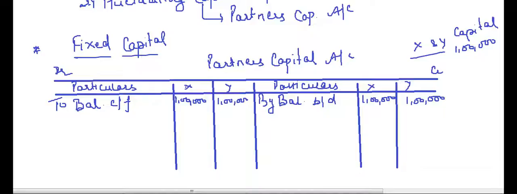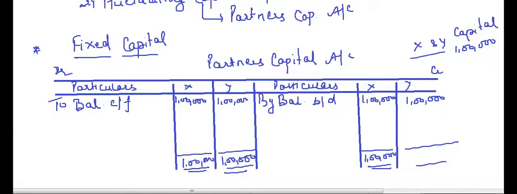I'll tell you the circumstances where this capital can change. But here I am saying that X and Y introduced 1 lakh as capital and we are following fixed capital. So in the partner's capital account, the capital will remain fixed.